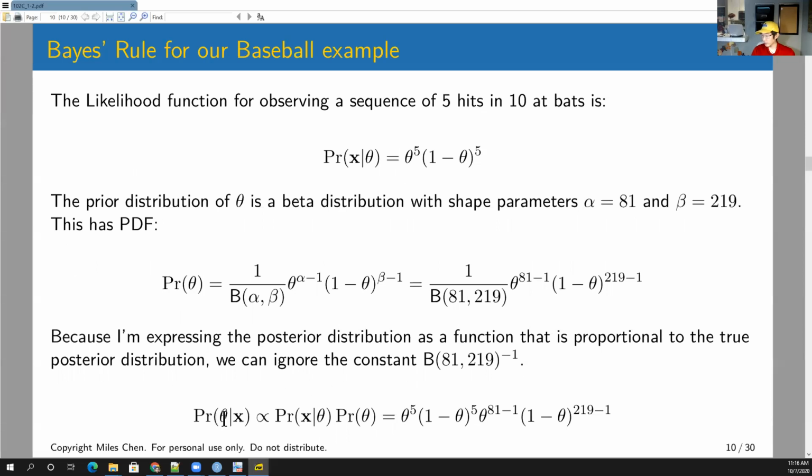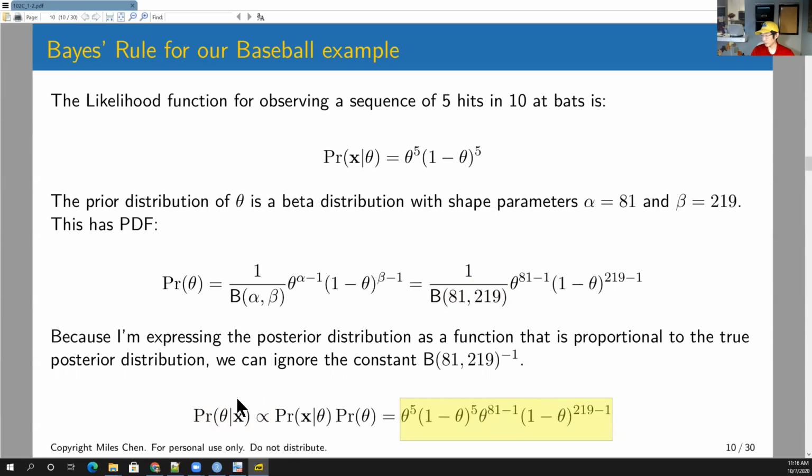For now, I'm just going to say the posterior distribution is proportional to the numerator. Because I'm saying it's proportional, I'm going to ignore this constant here, and just say that it's proportional to this thing after I throw out the constant.